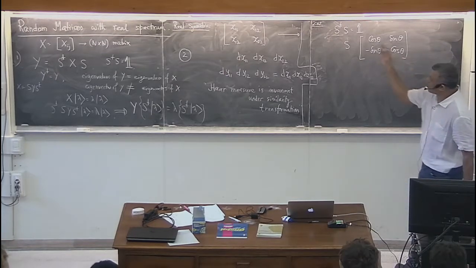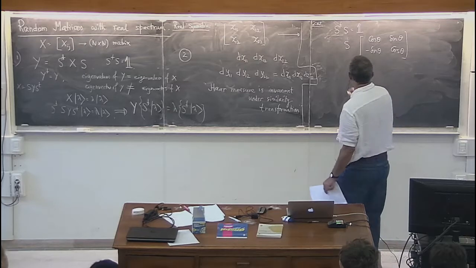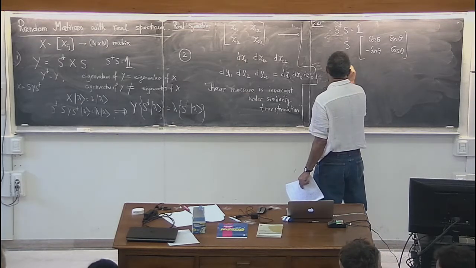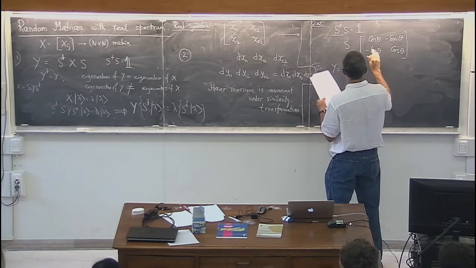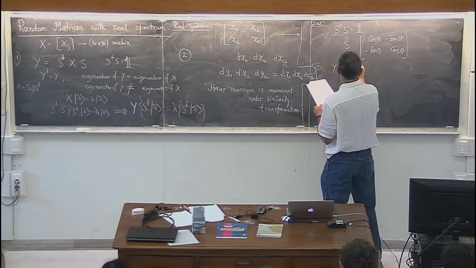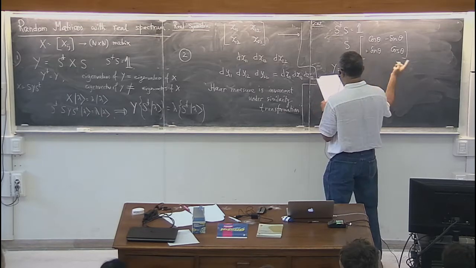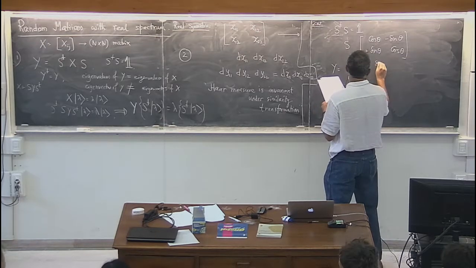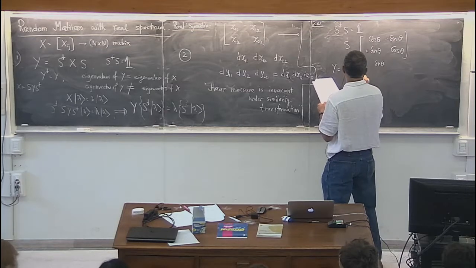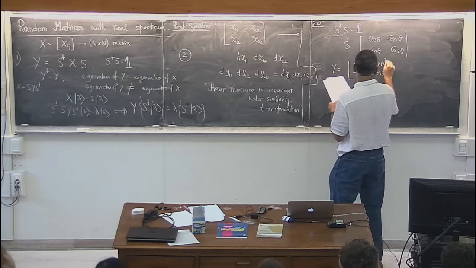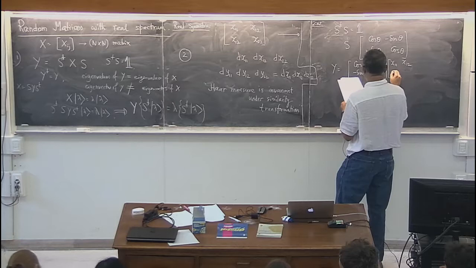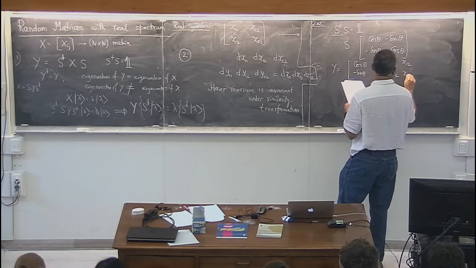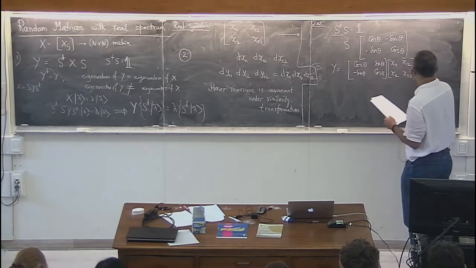So theta just tells you how much it rotates. Then Y, which is S transpose X S, is this. This is not the most elegant proof, but this is a direct, hard proof demonstration, which I find quite nice to see.